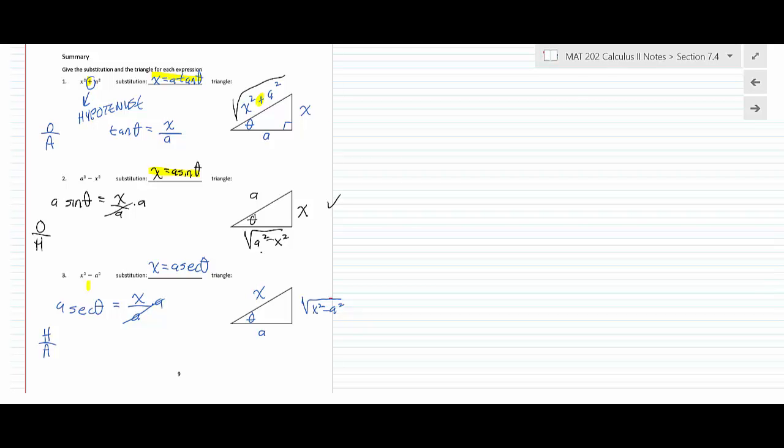If it's a minus, it's got to be one of the two legs. And if you just reason out x over a, that's got to be a sine because it's opposite over hypotenuse. This has got to be a secant because that's hypotenuse over adjacent. And notice you always have x over a. Why do you have that? Because you want to solve for x. You always want that x in the numerator. Does that make any sense?